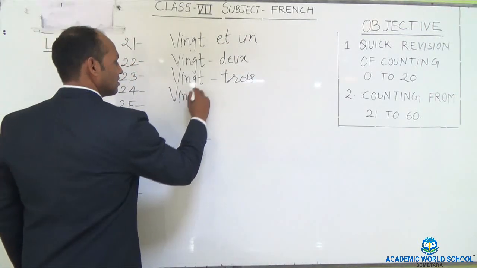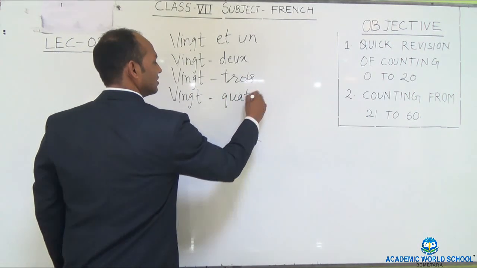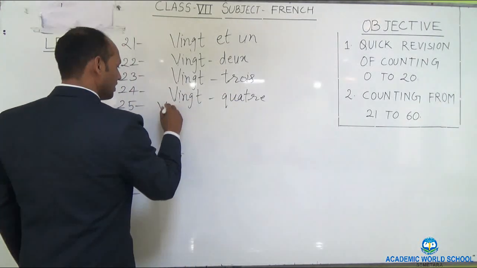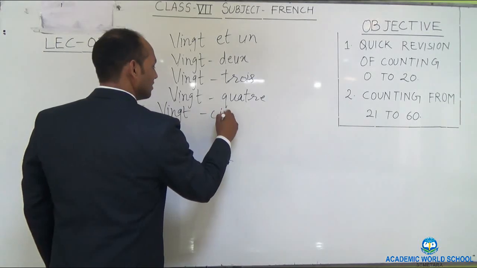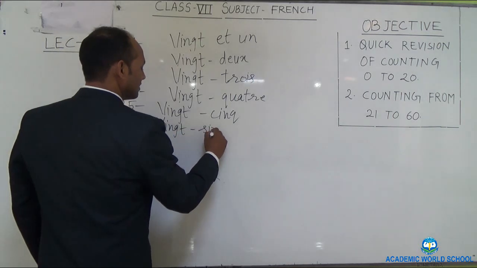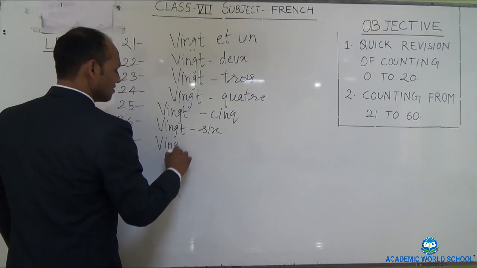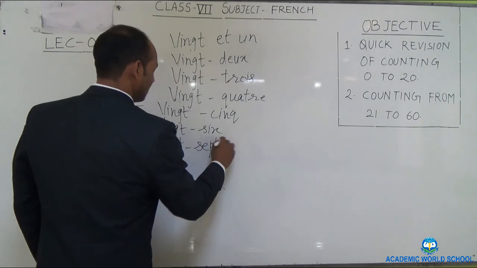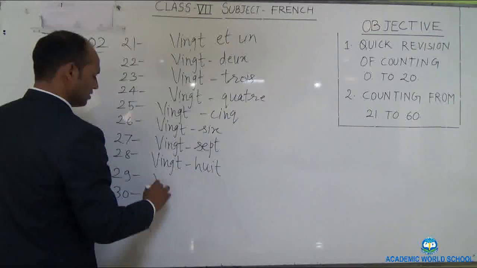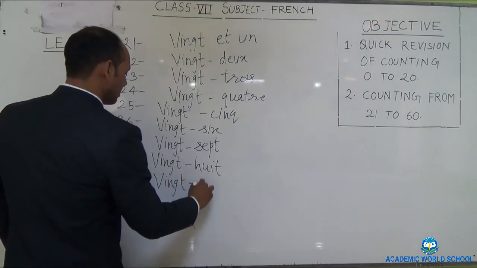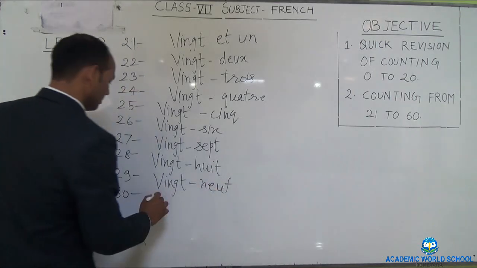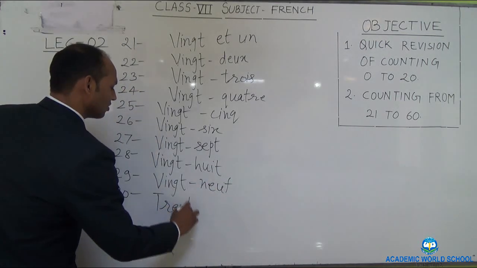Again, vingt-quatre, 24: 20 and quatre means 4. 25, vingt-cinq. 26, vingt-six. Vingt-sept. Vingt-huit. Vingt-neuf. And then this one, trente.